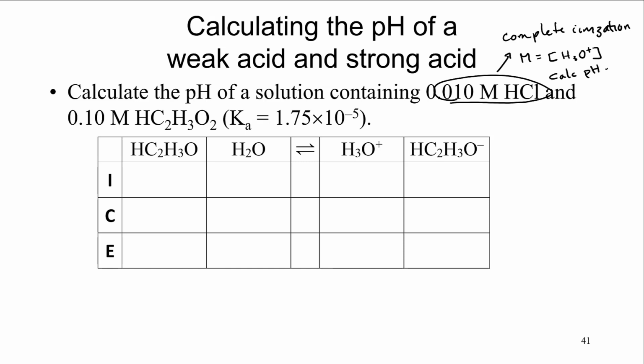So that problem is pretty straightforward, but for, let's say, a weak acid and a strong acid, this is what you do. You assume the strong acid reacts first, even though they're both really happening at the same time, and you say the hydronium at the beginning of an ice table is the concentration of the strong acid, because you assume it just ionizes automatically.